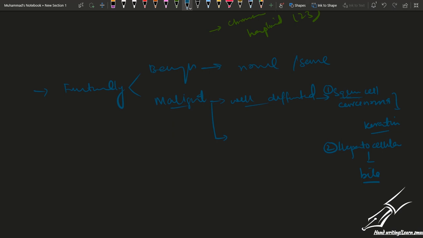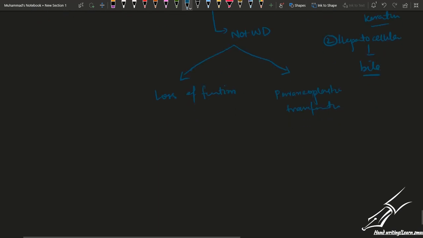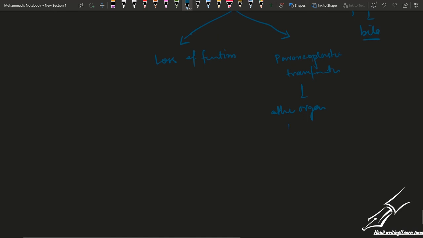Now coming to those types of malignant tumors which are not well differentiated. The other form of malignant tumors undergo neoplastic transformation, in which the malignant tumors perform the function of other organs or tissues, like carcinoma of the lung.